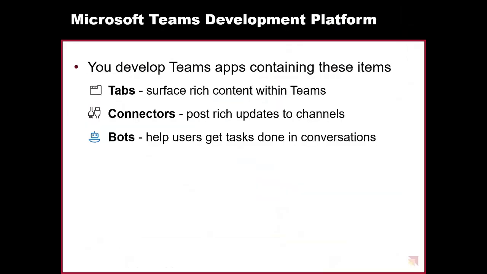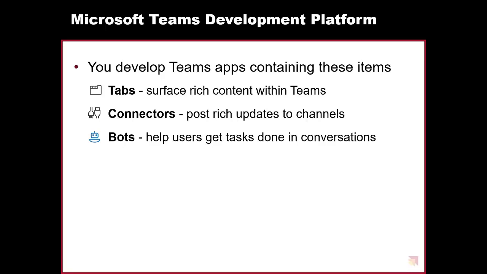Okay, now what we're going to be looking at today is the main types of components that you can create as you're developing apps for Microsoft Teams. The simple one that we're going to start with is custom tabs. The idea is you produce an HTML page and Teams serves it up in an iframe in its own tab.